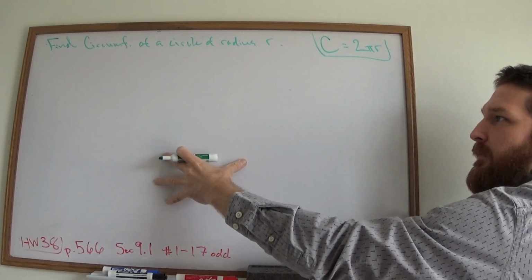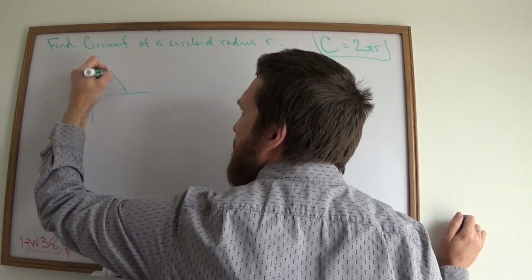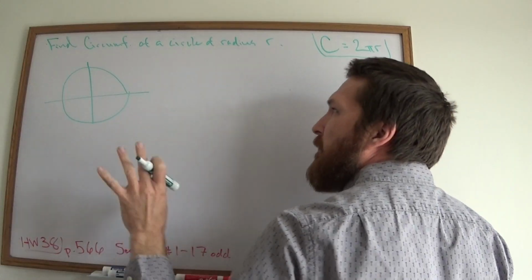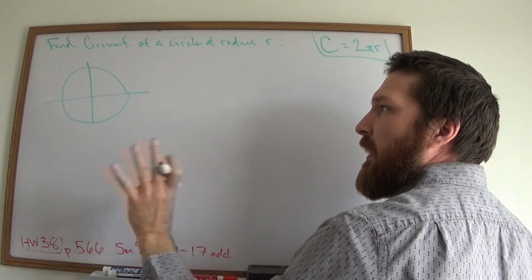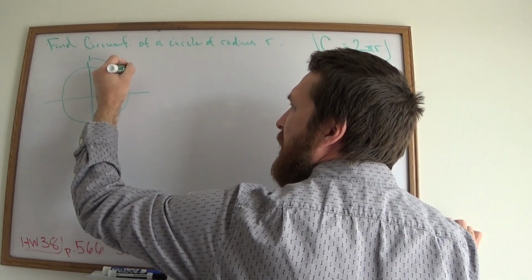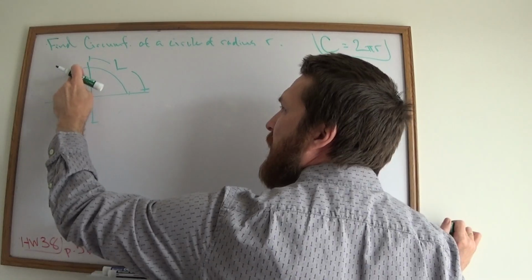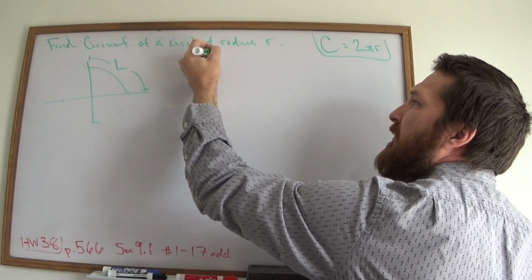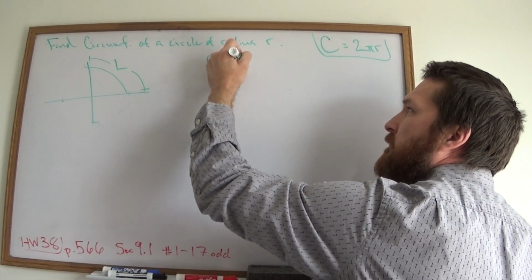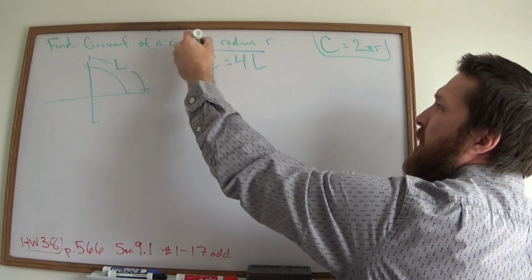Now, what I'm going to do is say, the entire circle is a bit more than I want to deal with. Let's just do this bit right here. And then I think we could all agree that if I multiply that by 4, I'll get it. Right? Okay, so that's what I'm going to do.